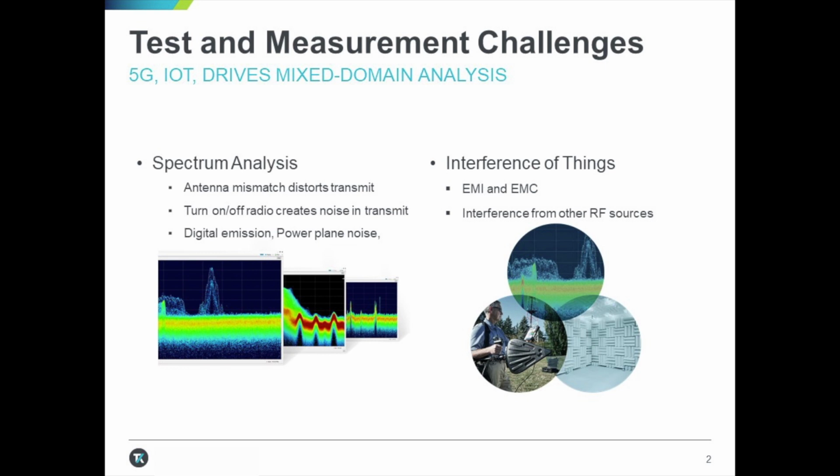All of which can begin to couple out and interfere with analog circuitry or other surrounding potentially critical wireless signals. At the same time, there are increased pressures being placed on development teams to deliver more with less, and so the demand for electrical engineers with multifaceted skills, with both time domain and frequency domain expertise, is of huge value to organizations today. When it comes to spectrum analysis, it's not just about RF.